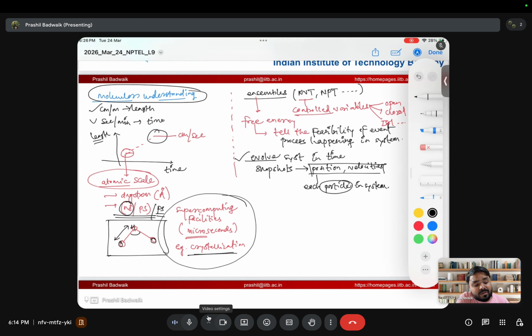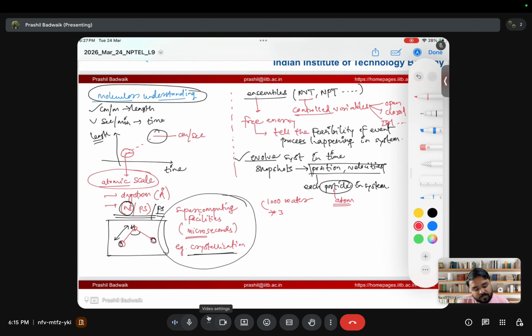What do I mean by particle? This is an atom. So each atom, for example, I have 1000 water molecules. Each water has 3 atoms, so obviously into 3, right?